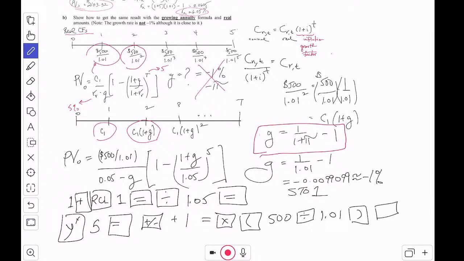You can say equals, and then divide by, you can open bracket, 0.05 minus recall 1, close bracket, equals. Or if you have another technique, use it. But let me see if I get the right answer, if I just follow my steps.